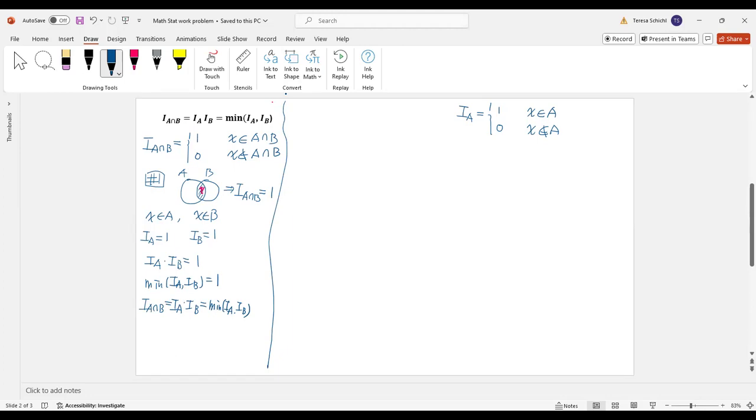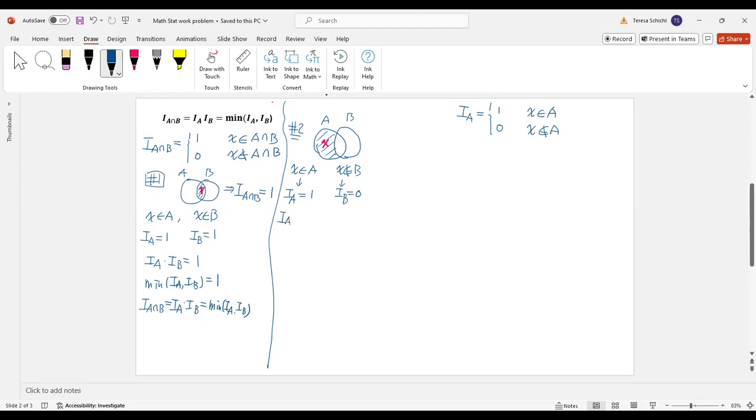Okay, now let's take a look at situation number 2. This is my A, and this is my B. Now I'm looking at this area, where my x is in A but not in B. So x belongs to A, and x is not part of B. The indicator A is equal to 1, and the indicator B is equal to 0, because x is not in the intersection.